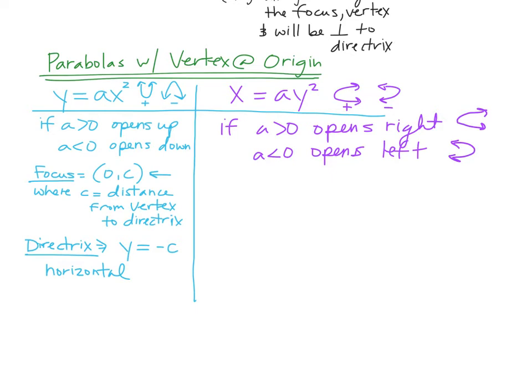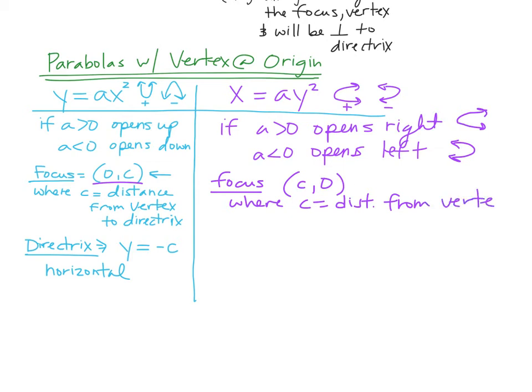Okay. For this one, the focus is just flip-flopped. Everything kind of flip-flops in this when we use this new formula. So instead of being (0, C), like we were over here, now we're (C, 0), okay? Still where C is equal to the distance from vertex to focus.